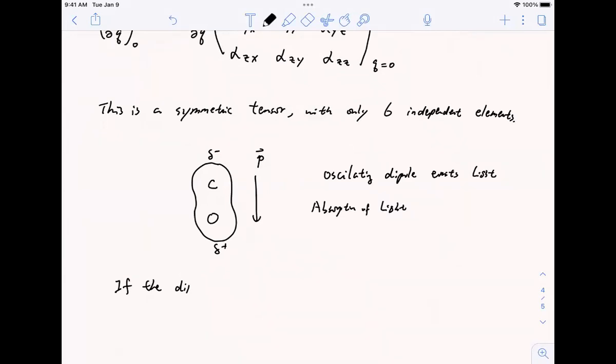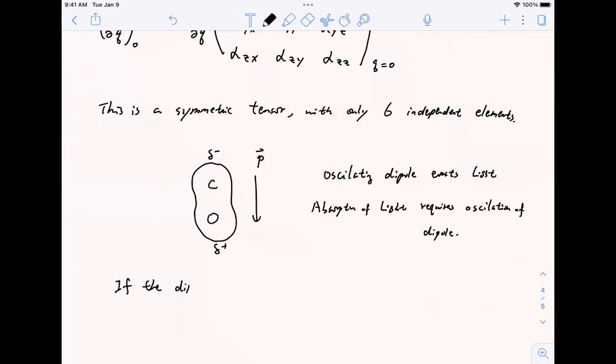So absorption of light requires an oscillating dipole, or oscillation of the dipole.